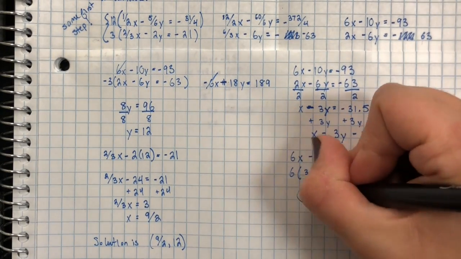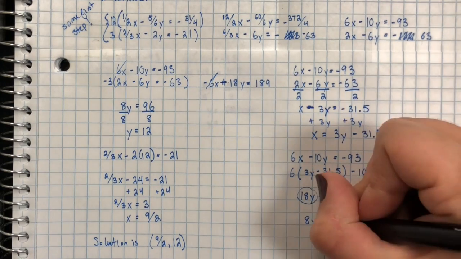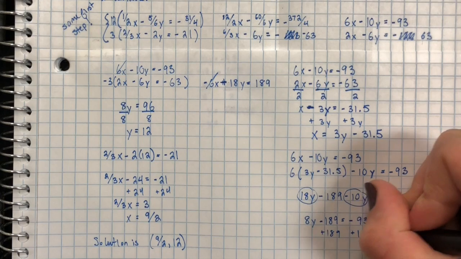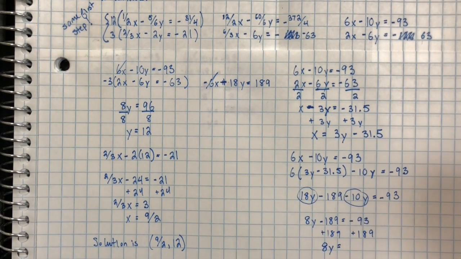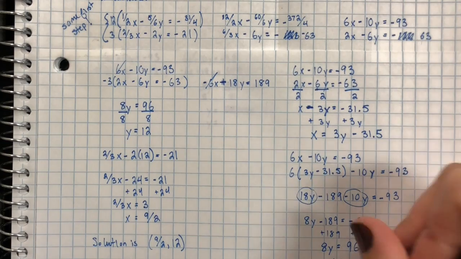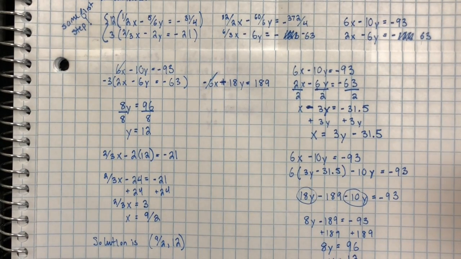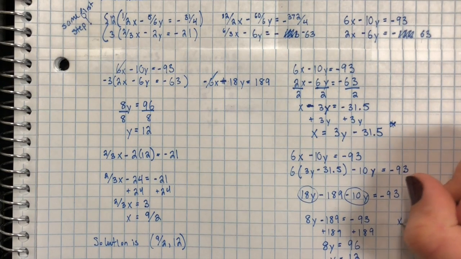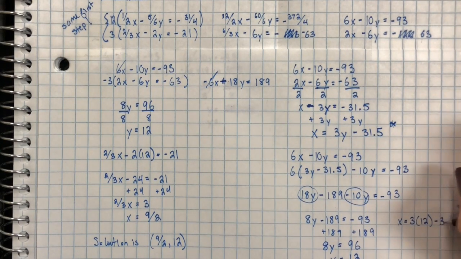So as I distribute that 6, I get 18y minus 189 minus 10y equals negative 93. So I get 8y is equal to 96, and again, y is equal to 12. Notice that's the solution that we got on the first method, the linear combinations method. So we're on the right track.